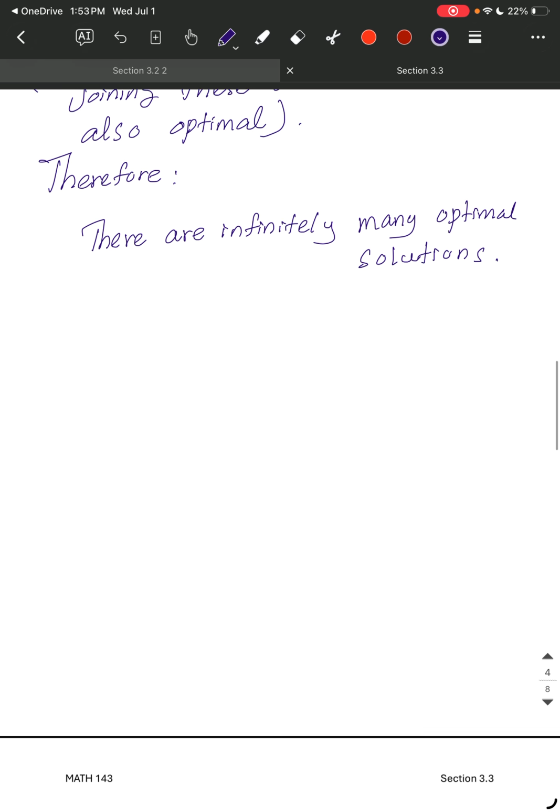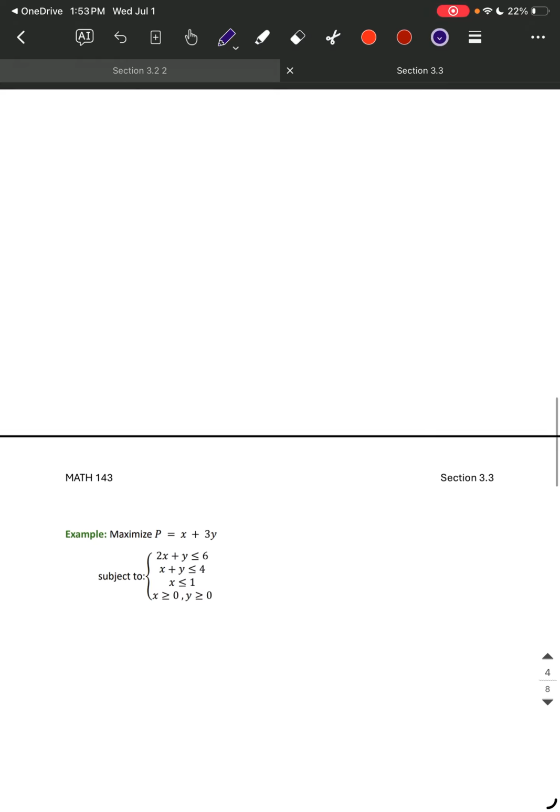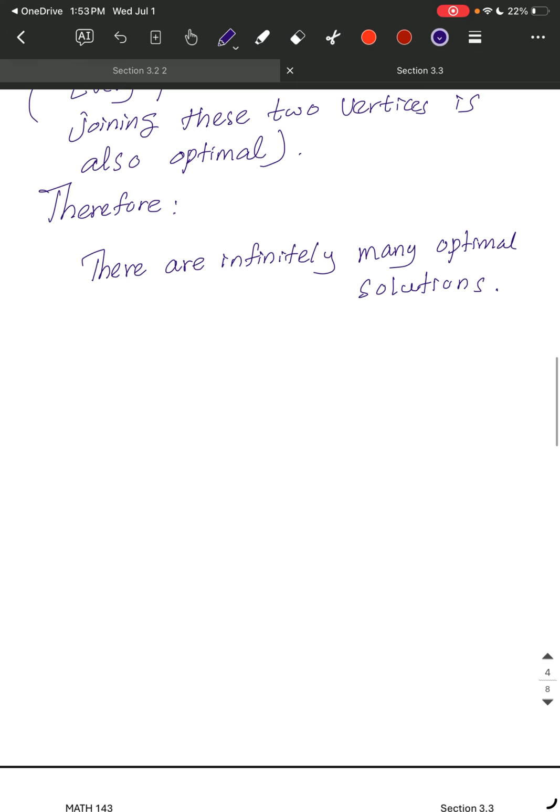Okay, then let's move forward. Here you can see the example. But before that, I want to introduce the 3 possible outcomes for linear programming problems when graphing.